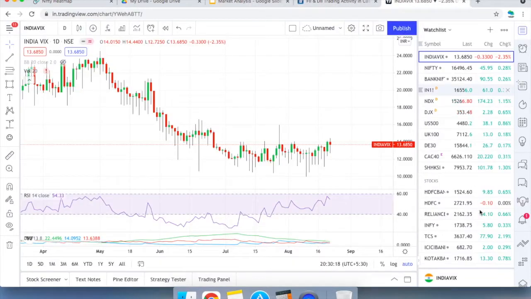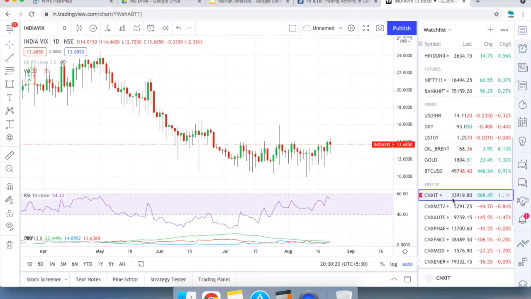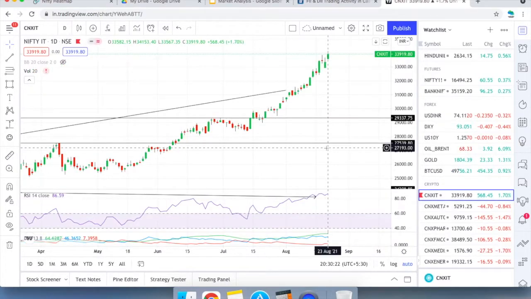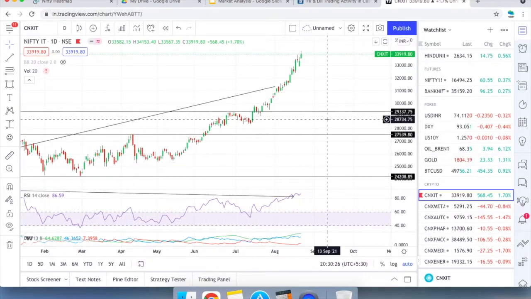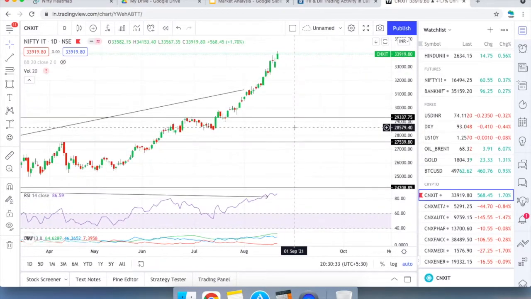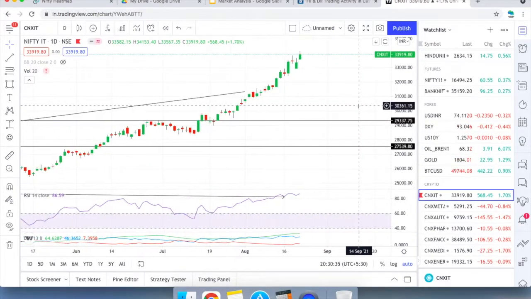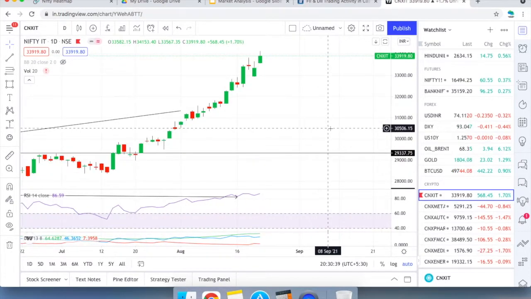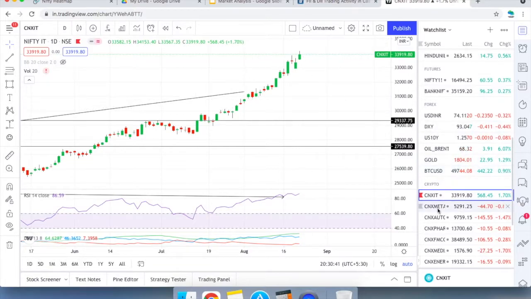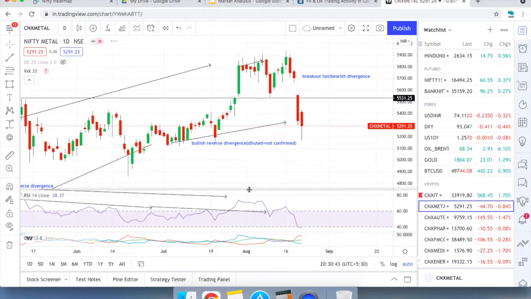Let's see the charts and try to understand. So IT was performing; it's going vertically up, right? And the dollar was strengthening, and IT is moving like anything. Almost all the stocks in IT are bullish, and then on the weekly there is a divergence. So I'll be slightly cautious, right? Since it is a vertical move that has been happening non-stop.